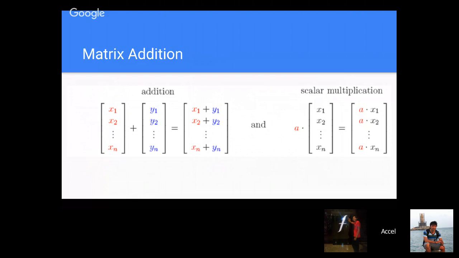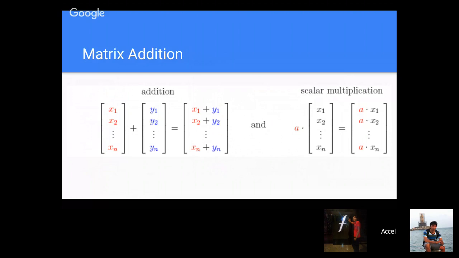The example given in the book was C is equal to A plus B. So you have one matrix A, and you're going to add it to matrix B, and that's going to produce matrix C, where C ij is equal to A ij plus B ij. So what that's saying in this case is we're just adding each part of the matrices together. As you see here, x1 gets added to y1, which will give you your third value in your third matrix of C.